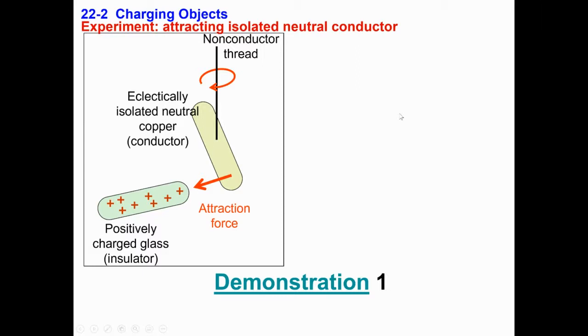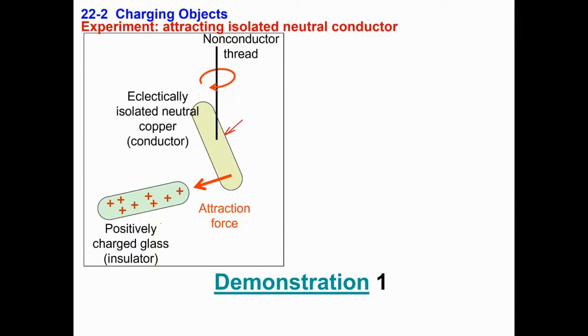Also, if you perform an experiment, let's assume you have a neutral conductor. This is a neutral conductor here, and let's say it's copper, and you attach it to a non-conducting thread, for example made of plastic or whatever.